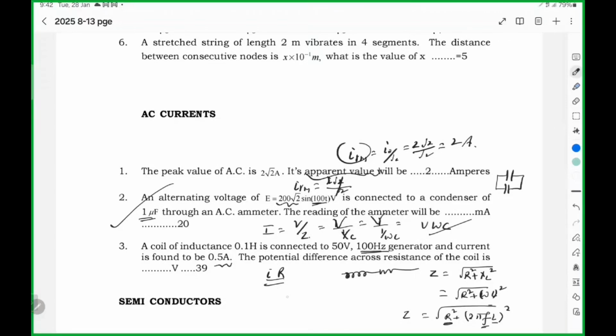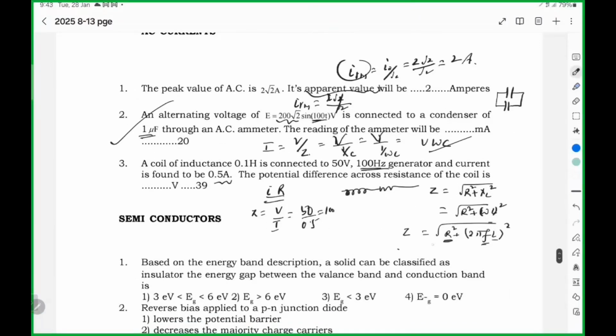And impedance Z here is V by I, that is 50 by 0.5, so it is 100. From Z we calculated R. Once you calculate R, IR will give you the potential difference across it.